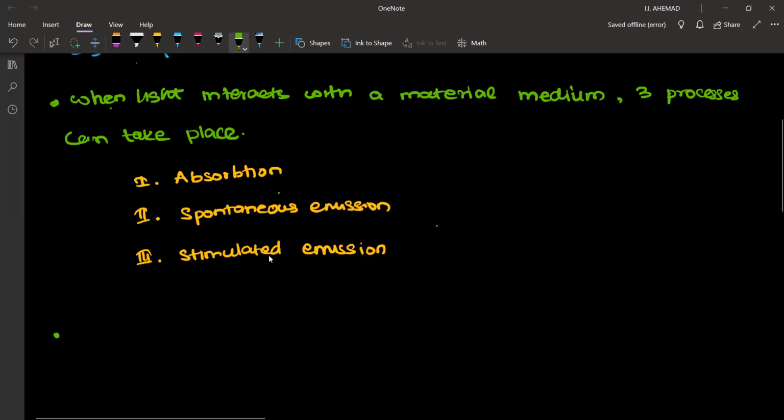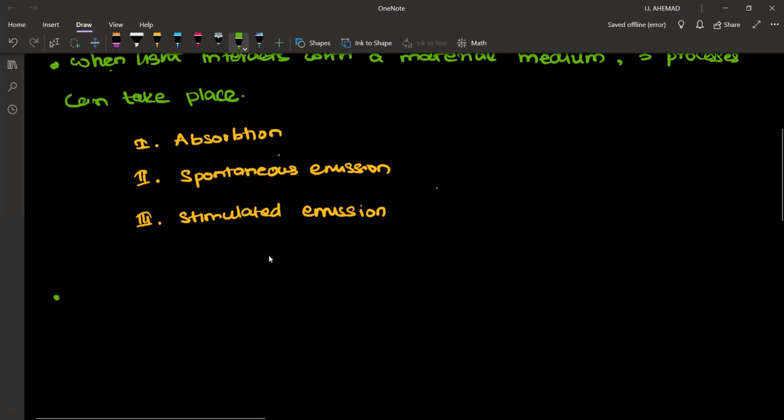Next point, we know how an atom is, right? In the atom, we have the nucleus. Around the nucleus, we have energy levels. As we go far away from the nucleus, the energy of the energy level increases.